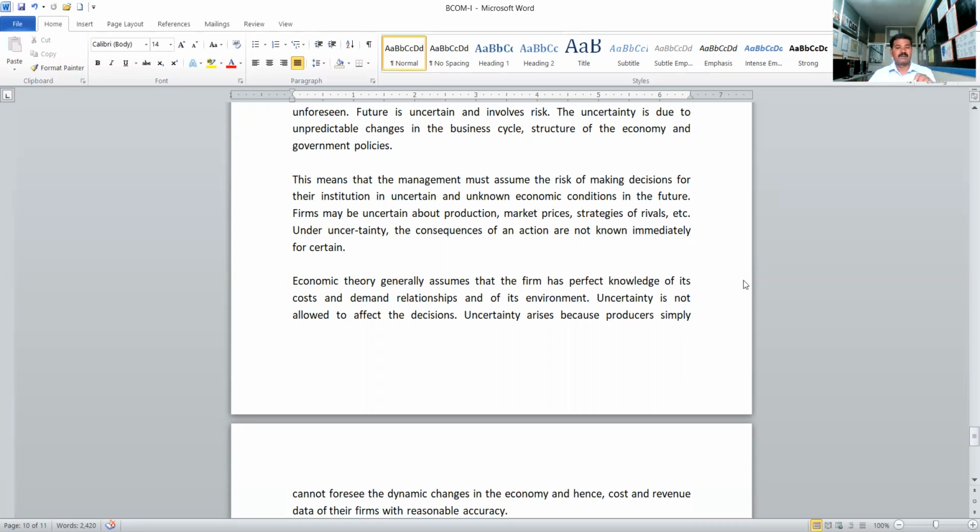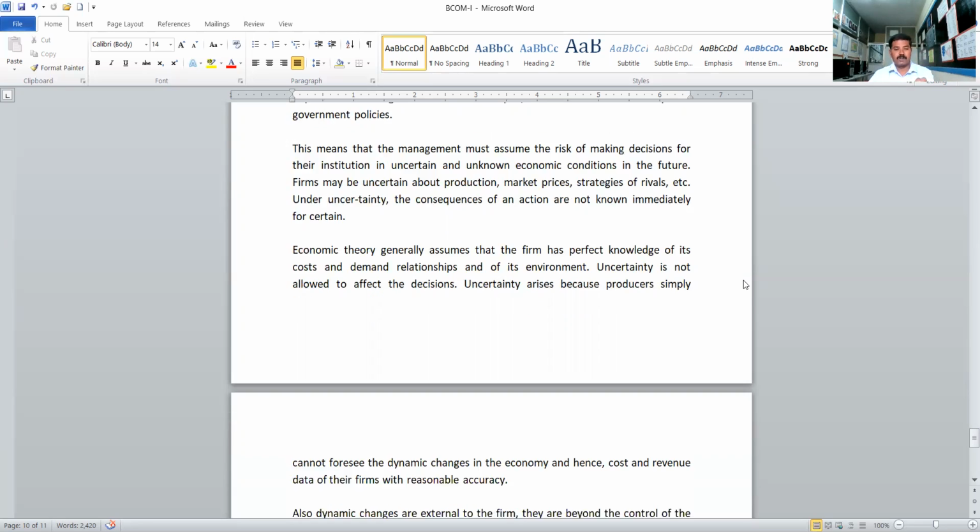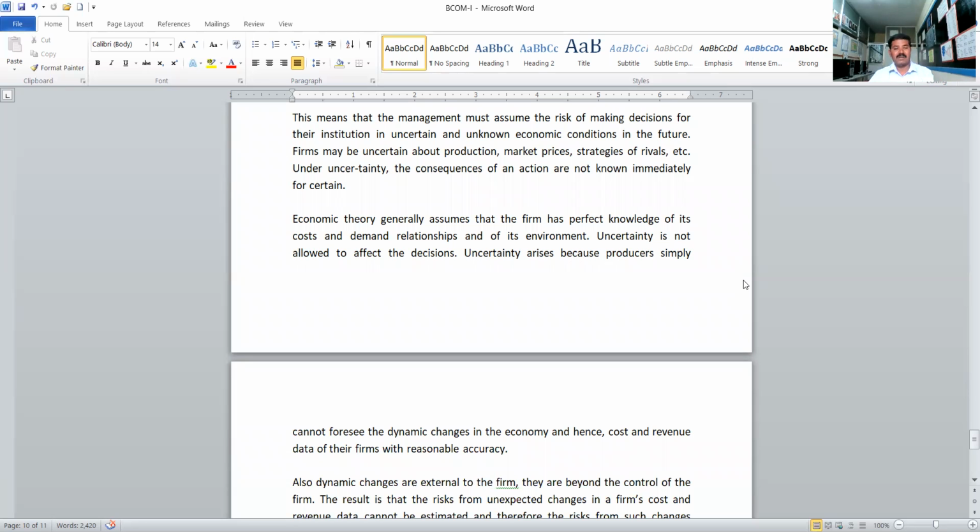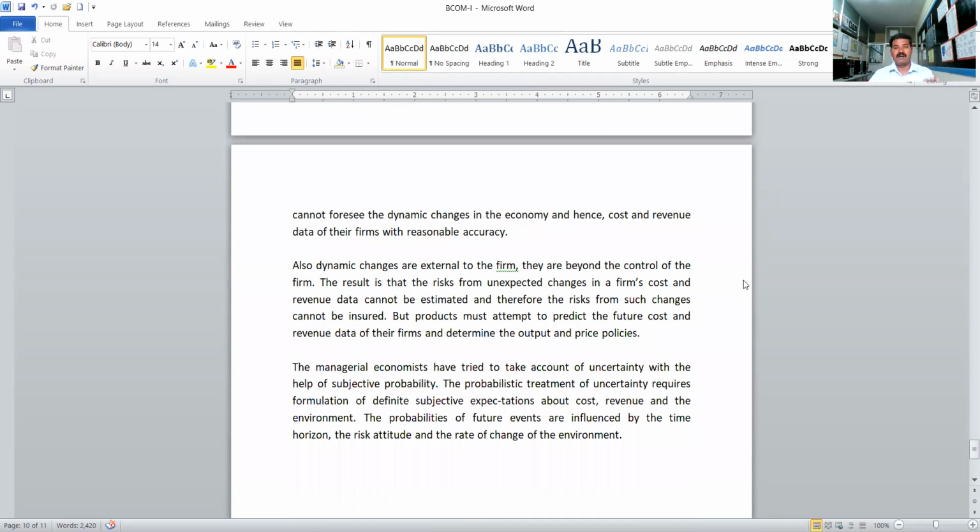Uncertainty arises because the producer simply cannot foresee the dynamic changes in the economy, and hence the cost and revenue data of their firms, with reasonable accuracy. Also, dynamic changes are external to the firm. They are beyond the control of the firm.